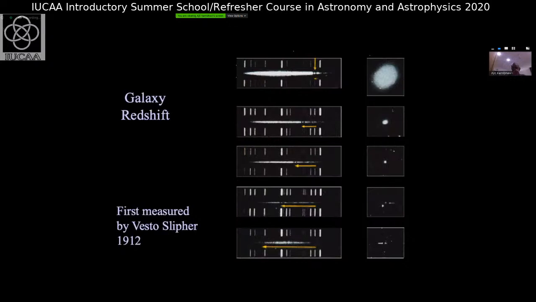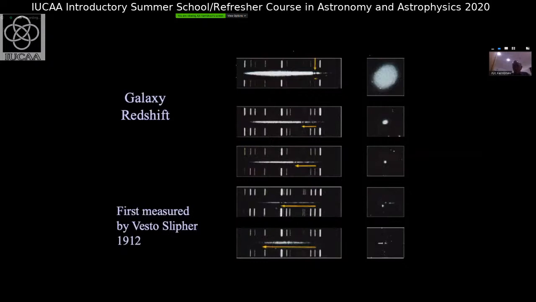But when Slipher was doing that in 1912, about 10 to 15 years before Hubble's work, he had already discovered that these lines are redshifted. What do you mean by redshift? It means that the line is supposed to have particular wavelengths, but in some galaxies, they found that the corresponding lines had larger wavelengths.